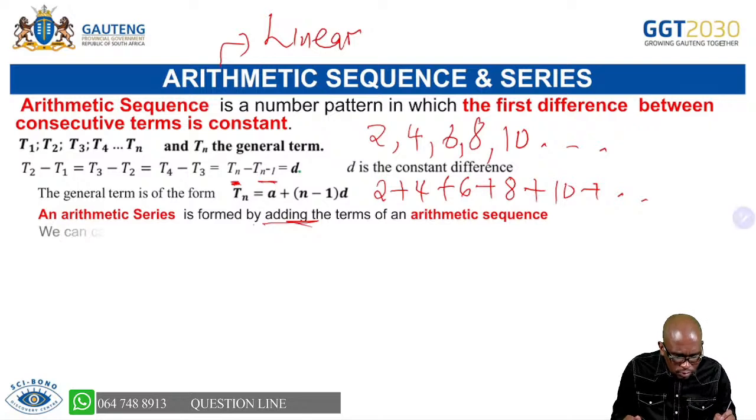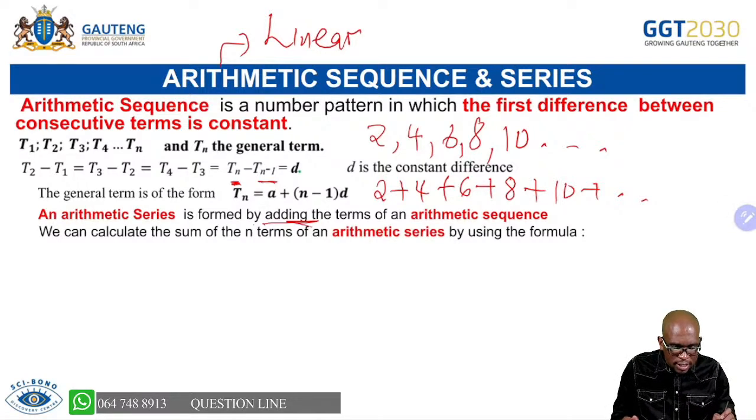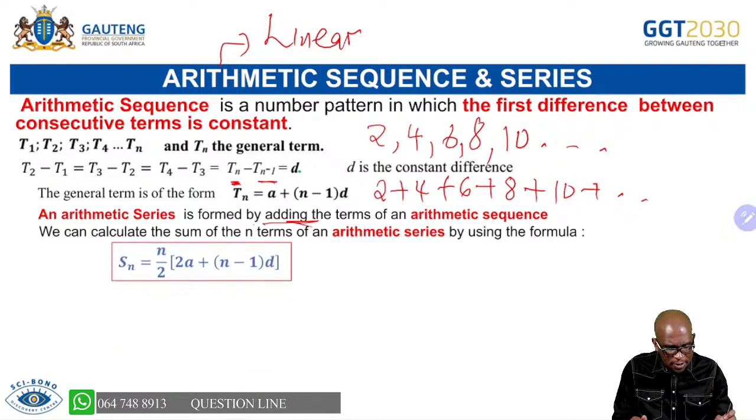Now, we can calculate the sum of n terms of an arithmetic series by using the formula. If you want to calculate the sum of n terms of an arithmetic series, you can make use of that formula there.